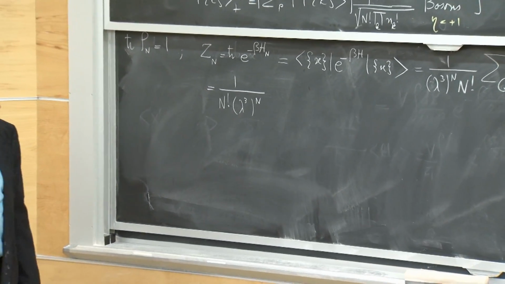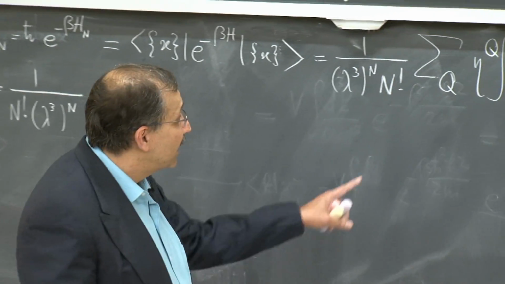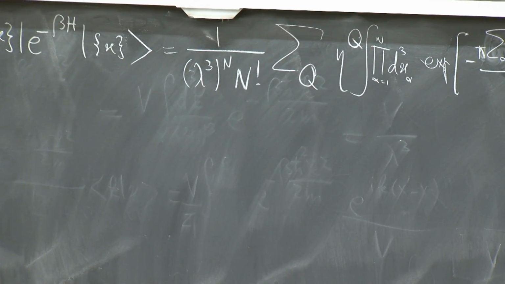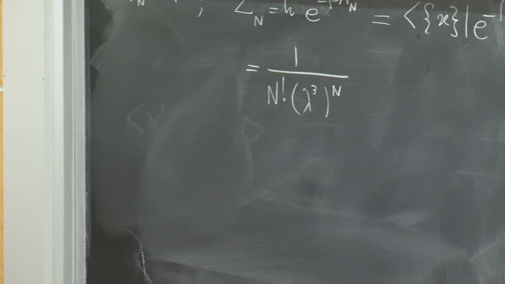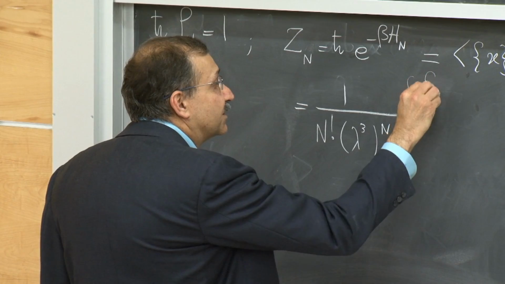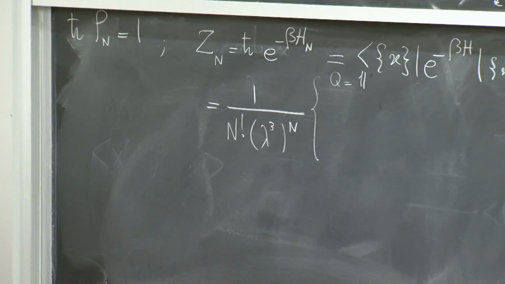Now I have to make a choice because I have a whole bunch of terms because of these permutations. Let's do them one by one. Let's first do the case where Q is identity. That is, I map everybody to himself.